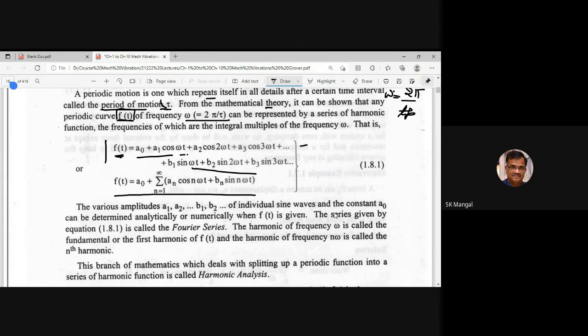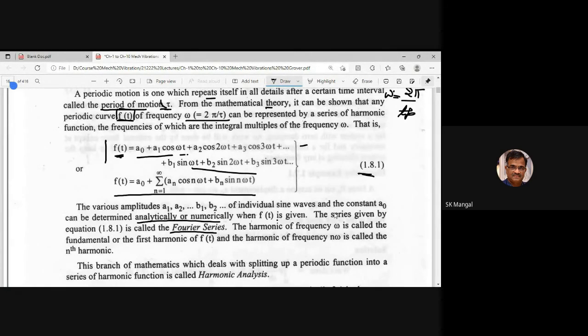These constant terms a naught, a and b can be found out numerically or analytically, provided you know f(t) as a function of time. So this equation 1.81 is known as a Fourier series.